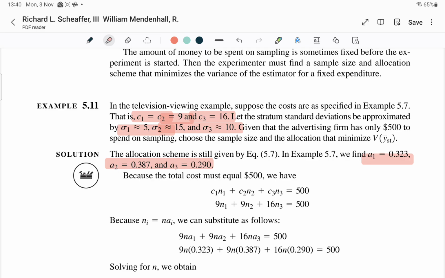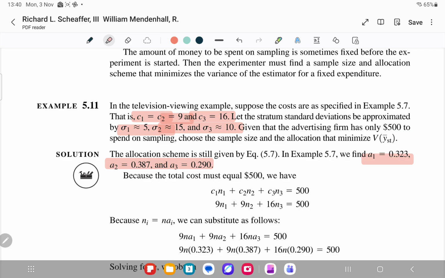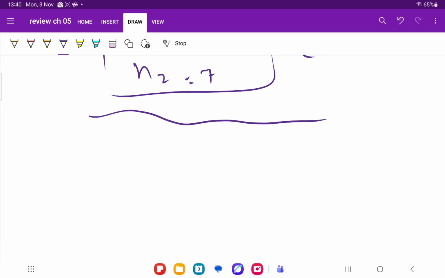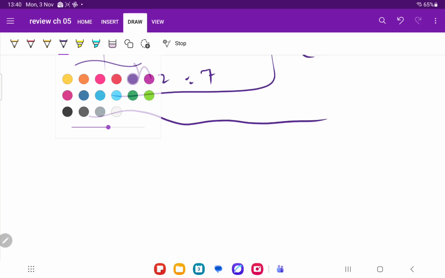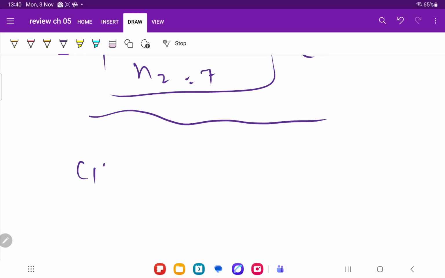and here you could see that the budget is $500. So when they're talking about the budget being $500, the meaning is that your cost of sampling on N1 plus cost of sampling on N2, C3 is the cost of sampling on N3.